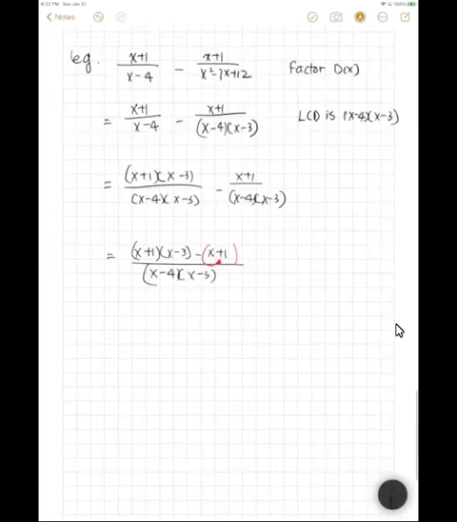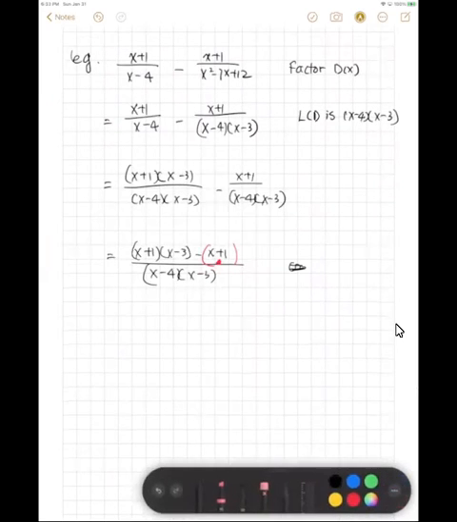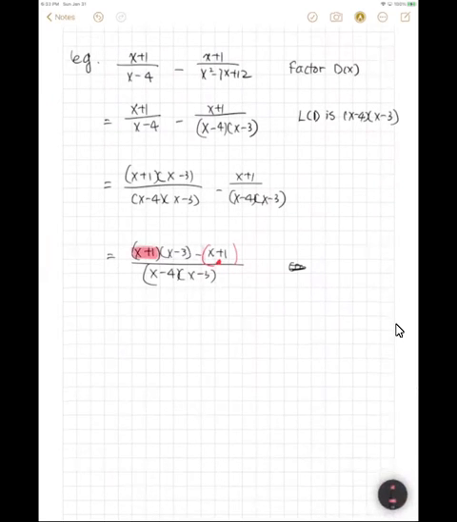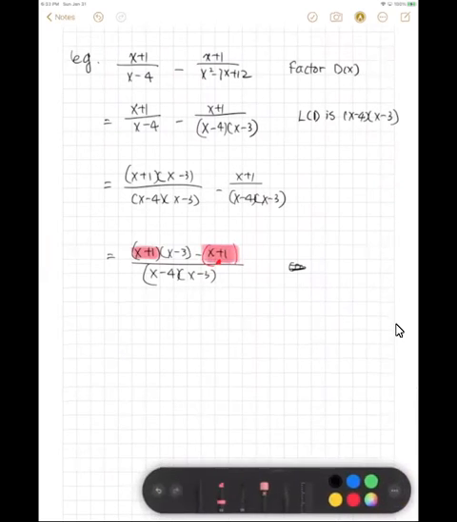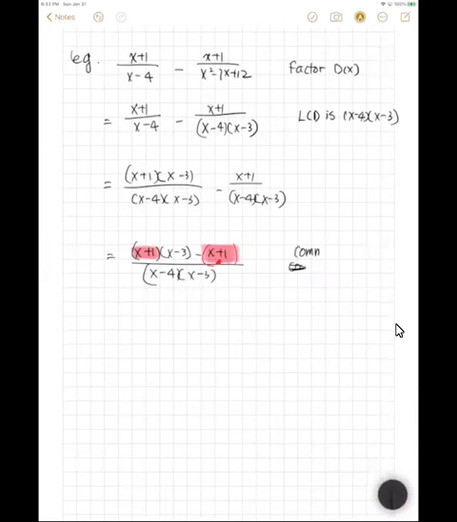Now you can either simplify it, or what you can see is, hey, they both have x plus 1. So this is a common factor, right?